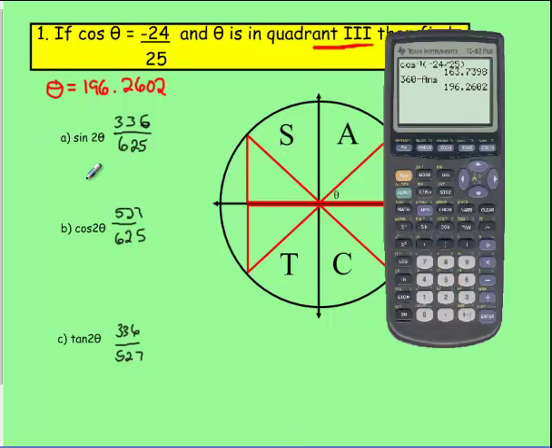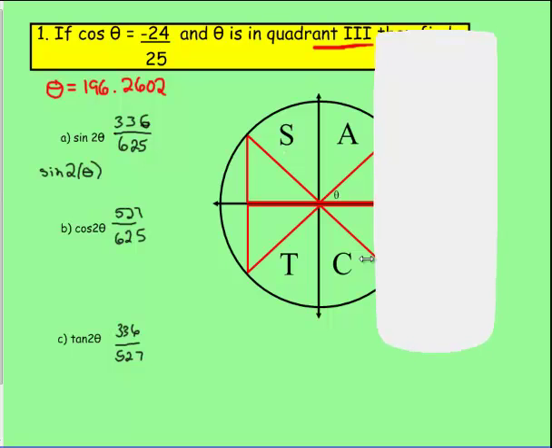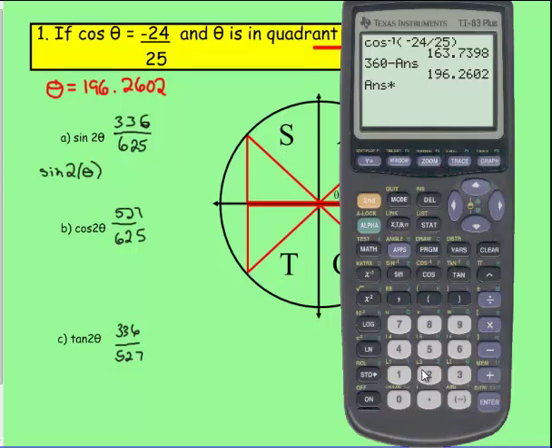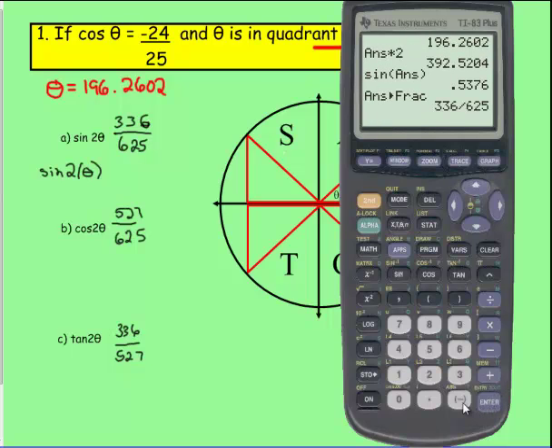So what they're trying to do is they're saying, okay, take theta, double it, and then take the sine of it. Well, I'm going to come over here on my calculator. That's what theta is. I'm going to double it. Now I'm going to take the sine of my answer. Hey, and if I turn that into a fraction, look what I get. 336 over 625. I get the same answer as over here.